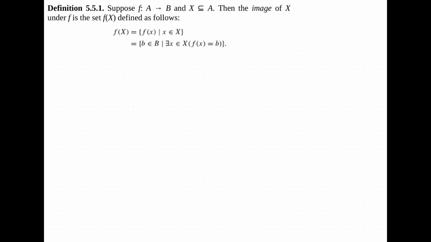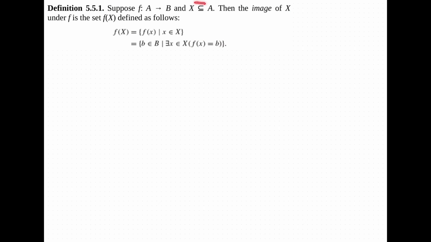And so here's the definition. We have f of X is equal to the set of f of x for all those lowercase x in the set X. In other words, that's the set of outputs b in B such that there is some lowercase x in the set X such that f of x is equal to b.